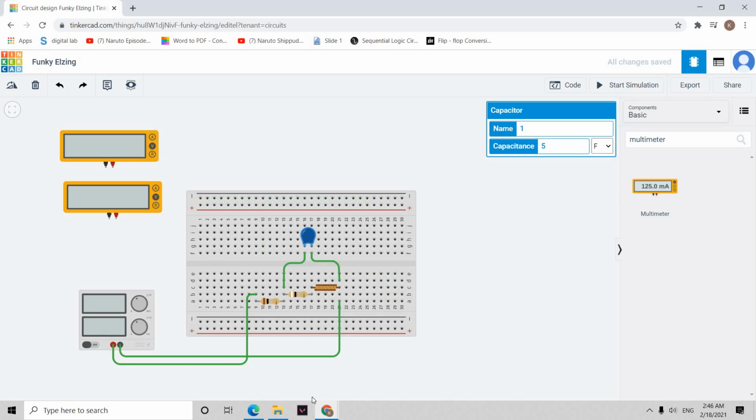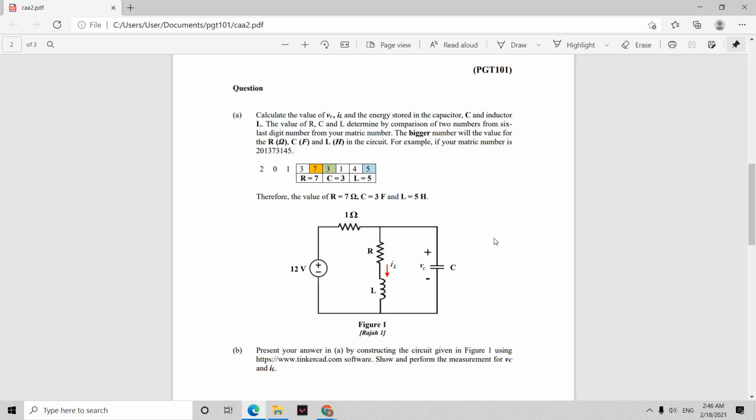To measure the VC, the voltage over the capacitor, and IL, the current over the inductor, I'm going to place a voltmeter parallel to this capacitor, and an ammeter to measure the IL over the inductor.